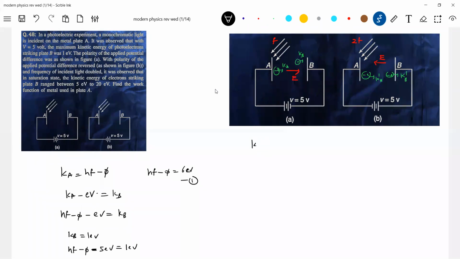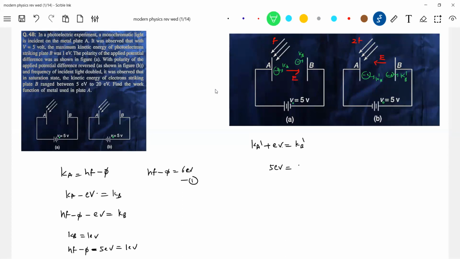Ka dash plus, again it does positive work, equal to Kb dash. So let's take the first one. This is 5 electron volt. I'm very sure. And I'll use the symbol V naught.